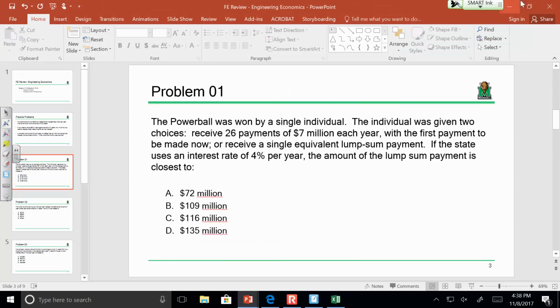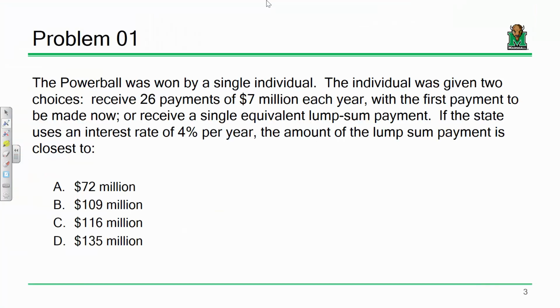Now, problem one. The Powerball was won by a single individual. We'll say it's me, because I wouldn't have a problem with that. The individual was given two choices.